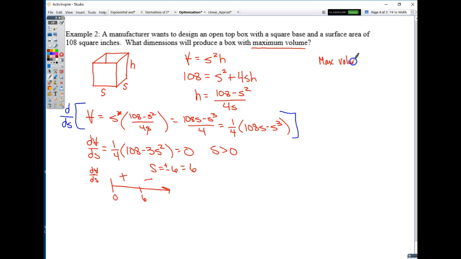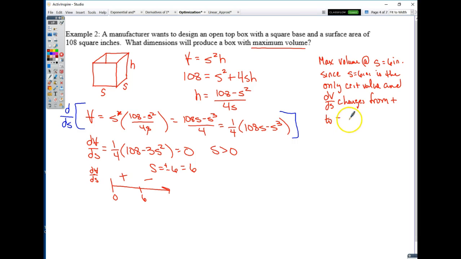Max volume is at S equals 6 inches since S equals 6 inches is the only crit value, and dV/dS changes from plus to minus at S equals 6 inches.